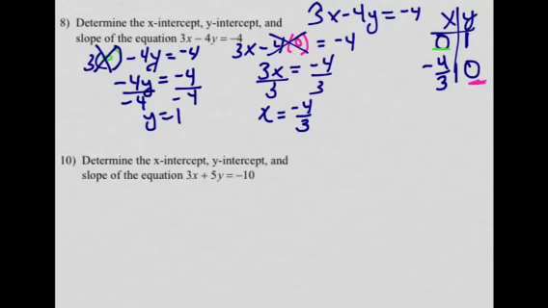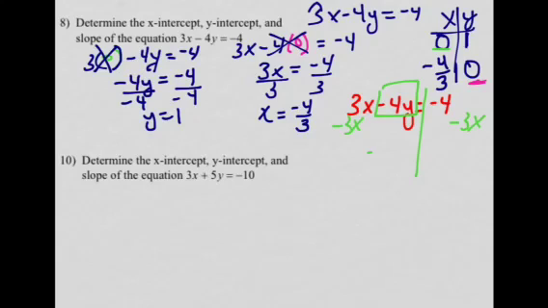So I go back to my original equation, 3x minus 4y equals negative 4. I need it in slope-intercept form. So I have to solve this for y, so I can get my y by itself. I'm going to box it and draw the street. My minus 3x does not make it inside the box.